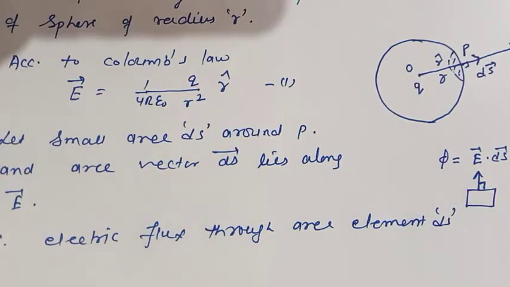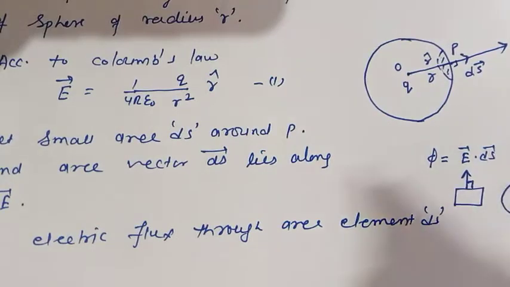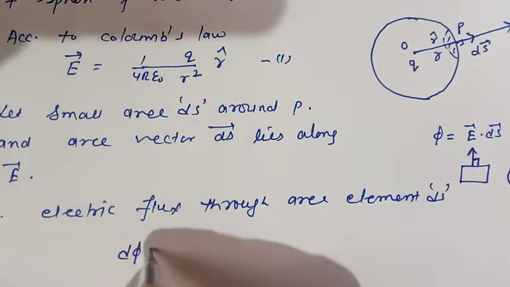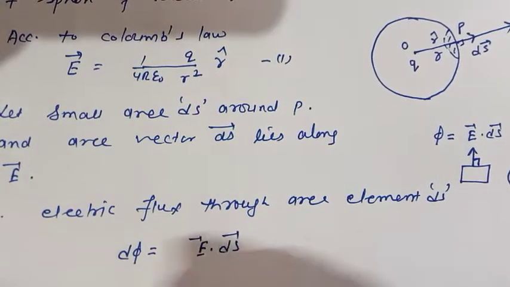As we have already seen in the definition of electric flux, phi is equal to E dot ds. So here, since it is a small area, d phi is equal to E dot ds.